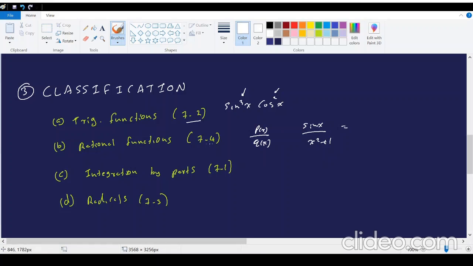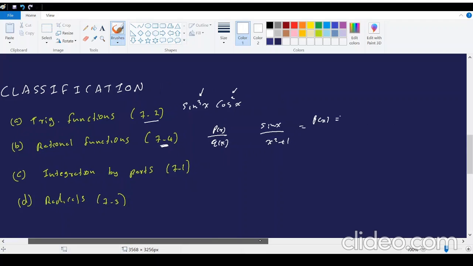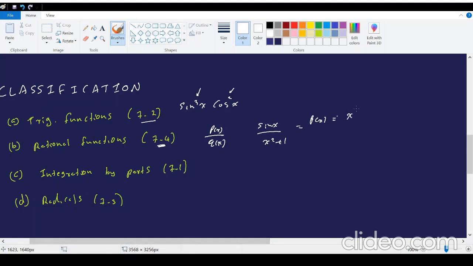The partial fraction technique that we did in 7.4 is valid only when you have polynomials in both numerator and denominator. What is a polynomial? It is a finite number of terms with some degree, with 4x, something of this nature.